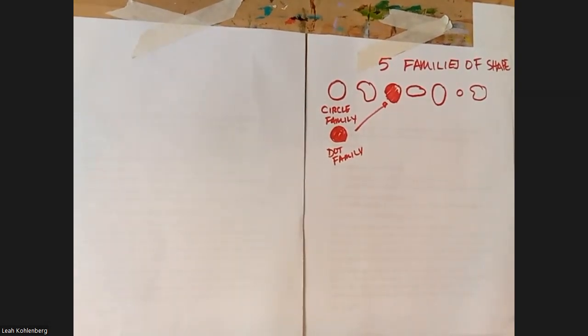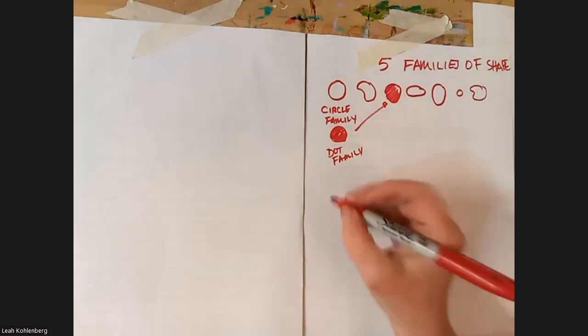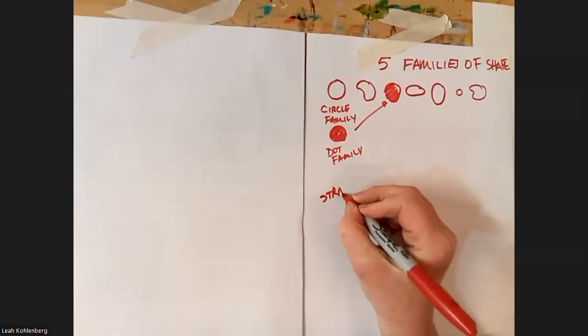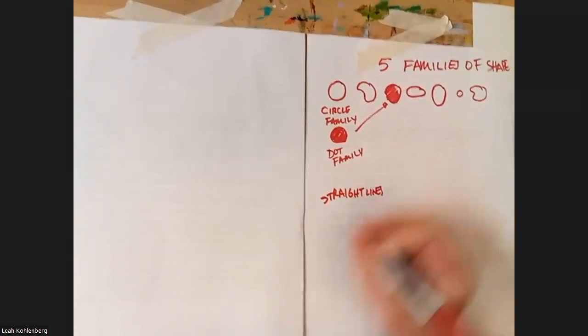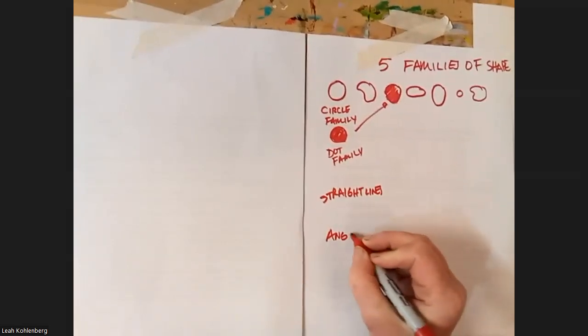Now take a look at your doorway, any doorway, and tell me what is the shape of the doorway. Rectangular. A rectangle, right. We do not have a rectangle family of shape. We've got these 3 left. We've got straight lines. We have angle lines.